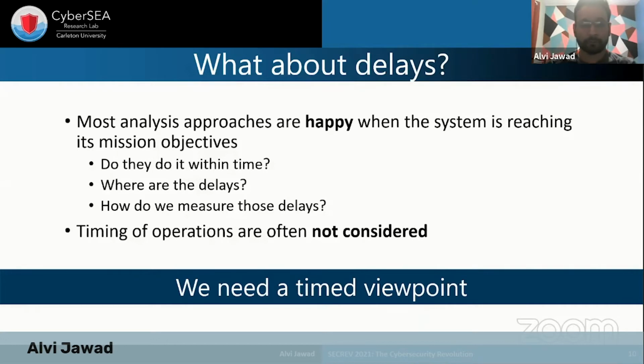If they're doing it within 3 hours, we're quite happy with that. But if they're doing it within 3 days, that's a problem. But a lot of the analysis approaches would be happy even if they were to be done within 3 days, because they were only considering whether the system mission objectives were being achieved or not.